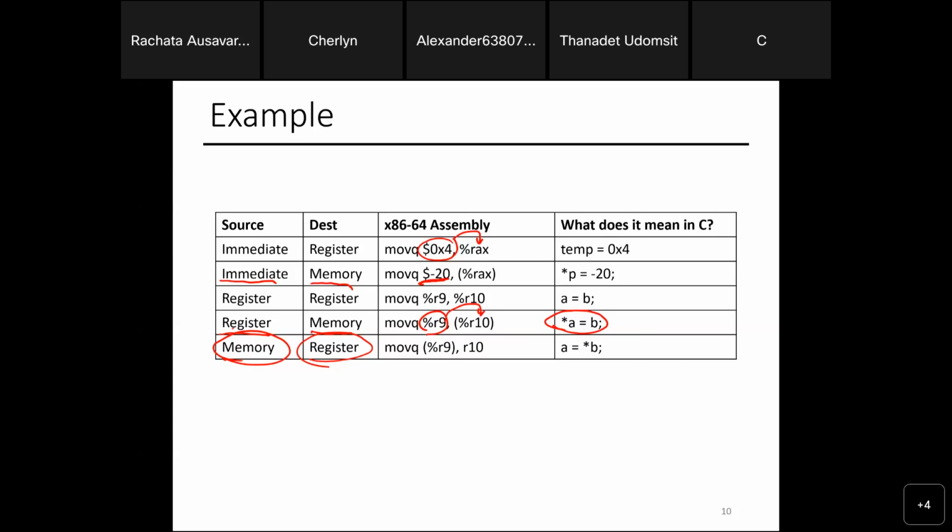We can do A equals B in C. We can do pointer arithmetic with the fourth and the fifth variant. This allows you to basically now have a basic way to assign data in C, but on assembly. So that's why you see the move instruction everywhere.